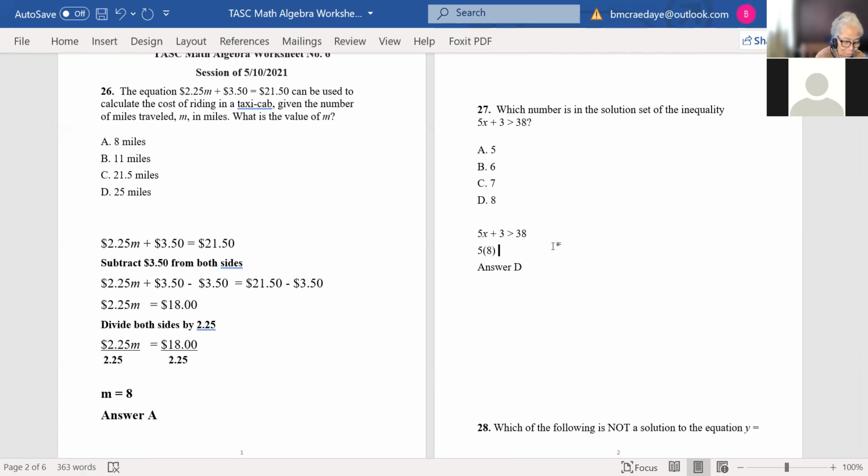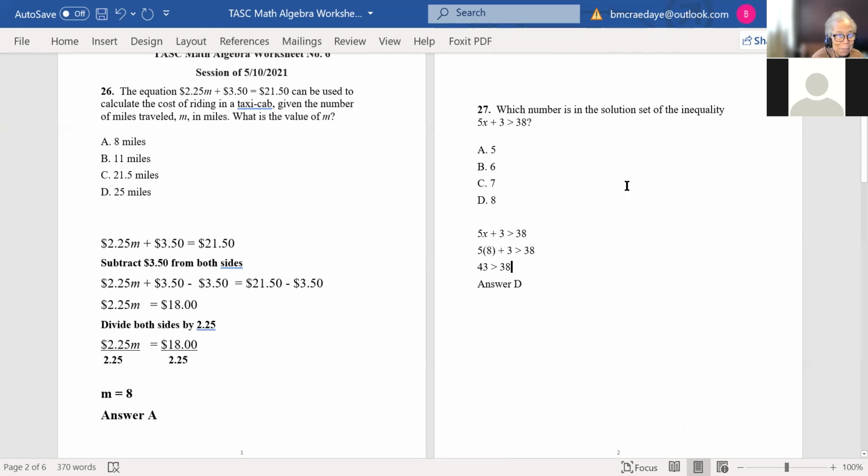So when you add that to 3, you get 43, which is greater than 38. Excellent, Maureen.